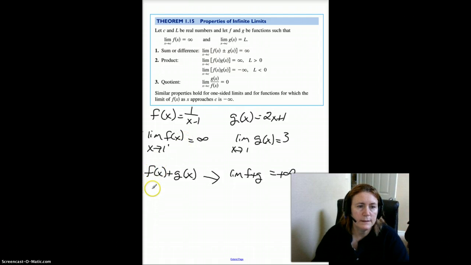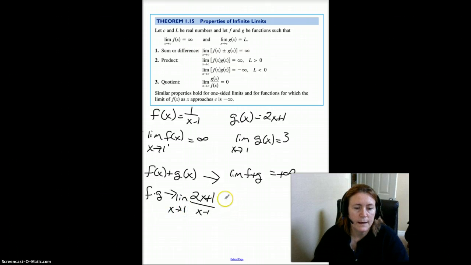And then the product, f times g, gives you, let's see, 2x plus 1 divided by x minus 1. So the limit as x goes to 1 is infinity, or negative infinity if L is negative.